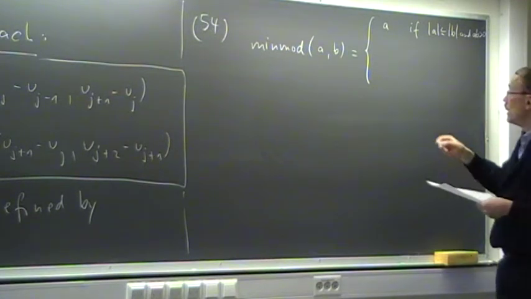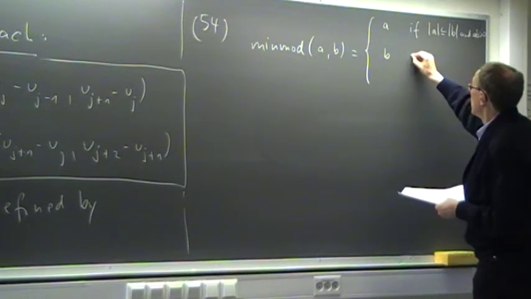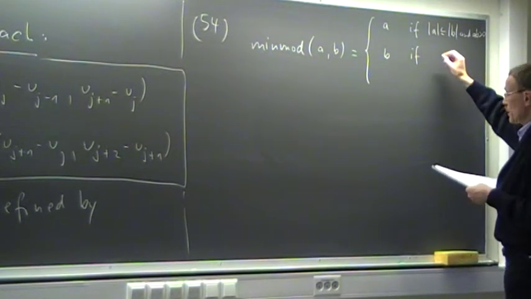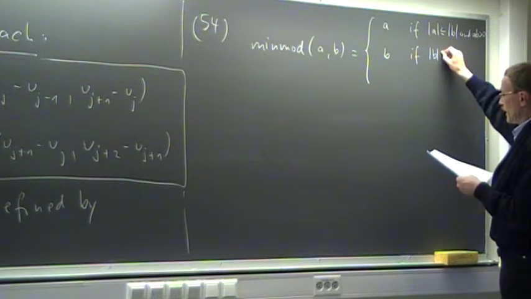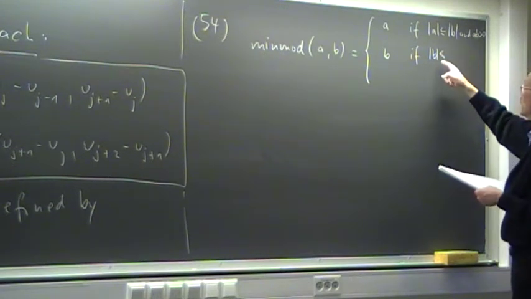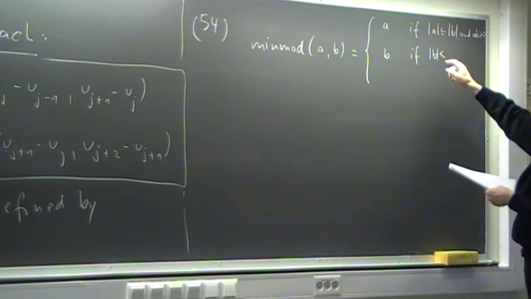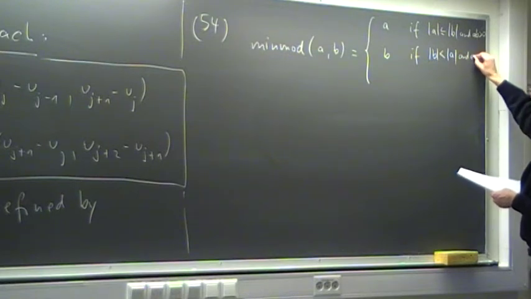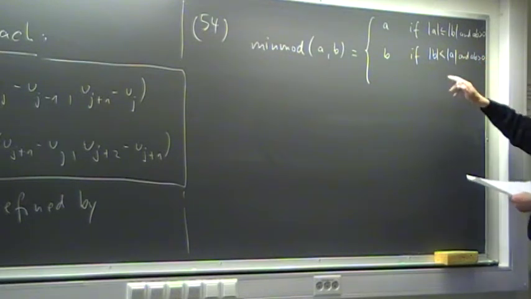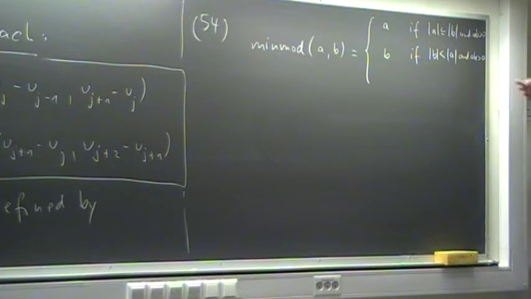However, if a has larger modulus than b, and if they have the same sign, then b will be taken. So this assures that when they have the same sign, checked by a times b positive, the one is taken that has the smallest absolute value.